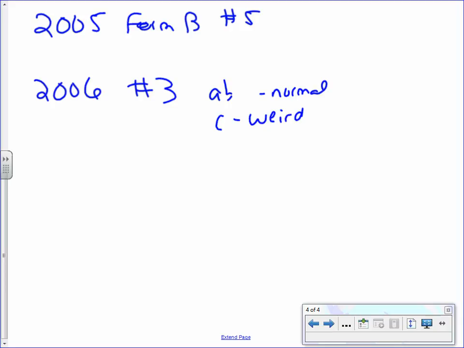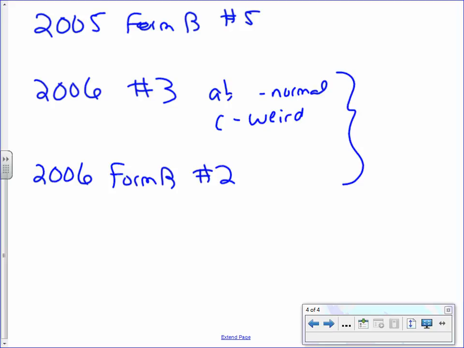Ladies, y'all find it? 2006 Form B, it is number 2, okay? And these two right here are on the part where you get to use your calculator. So we're actually going to do this in just a minute, okay?